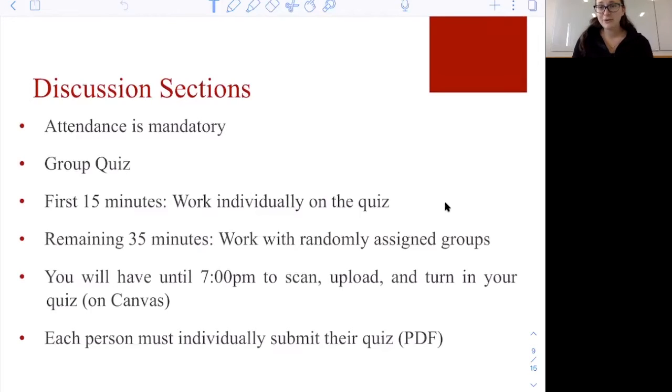Discussion sections will be used as a group quiz time. So the first 15 minutes of class, you'll be working individually on your quiz. It'll be posted on Canvas, and you can either use your iPad or you can print out the quiz and do it that way, however you prefer. But you'll get the first 15 minutes to work on your own.